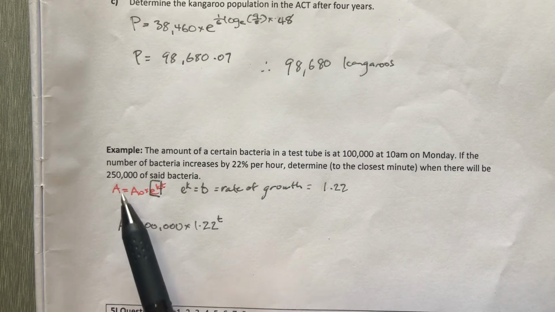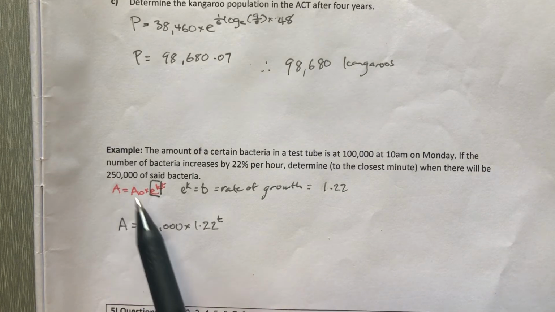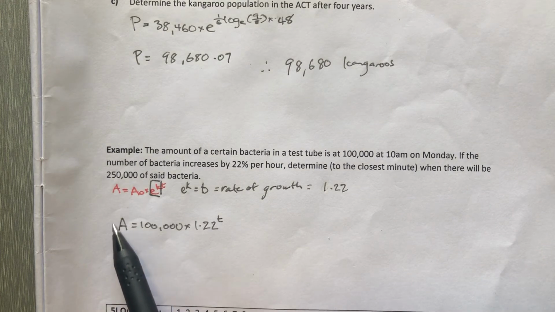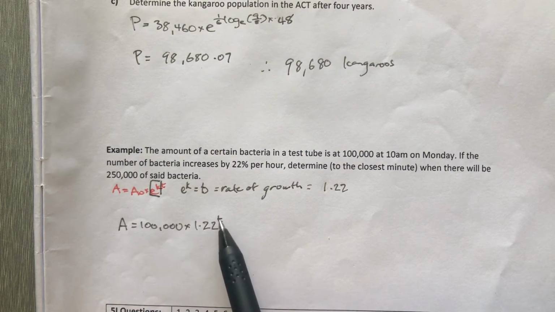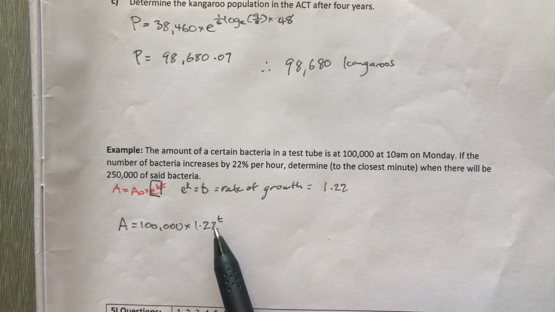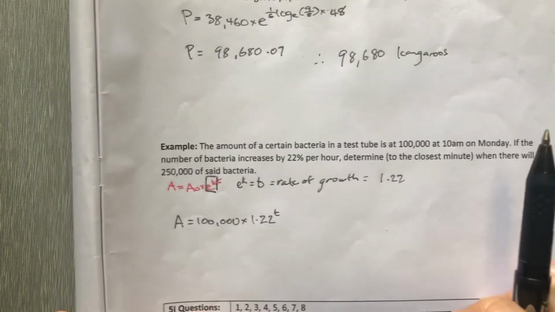Now it's told us that there's going to be 250,000 of that bacteria, and we want to find out the time. So this is where we put the bacteria, 250,000, and then we should be able to solve for t. So let's substitute that 250,000 in there.